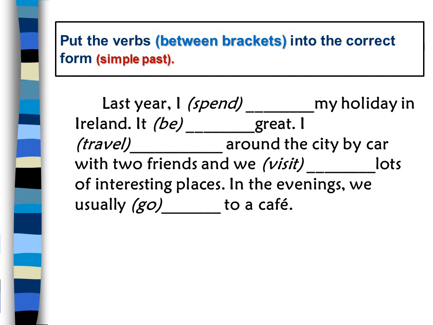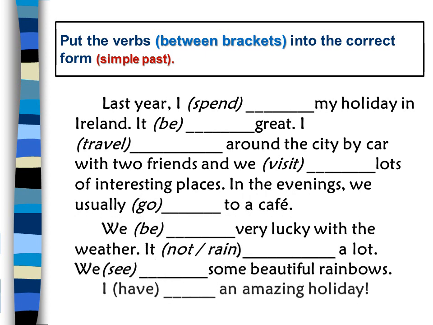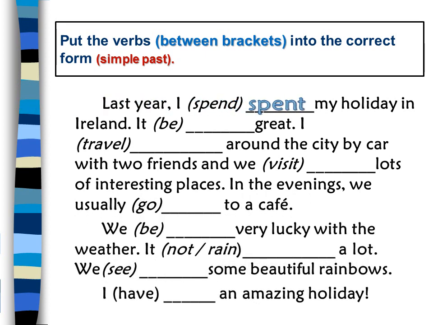Regular verbs followed by ed, all right, plus ed. And irregular verbs, of course, the form totally changes. Last year, I spent my holiday in Ireland. It was great. So you can see the past of spent is spent. The past of be is was, because be is an irregular verb too.